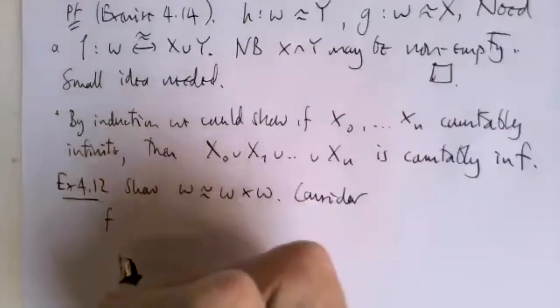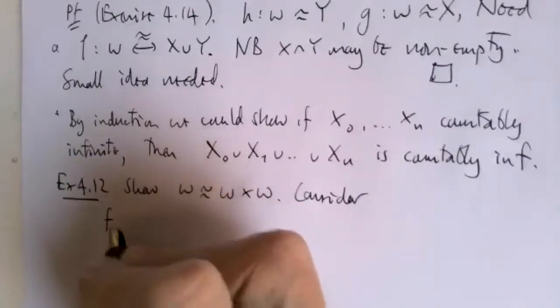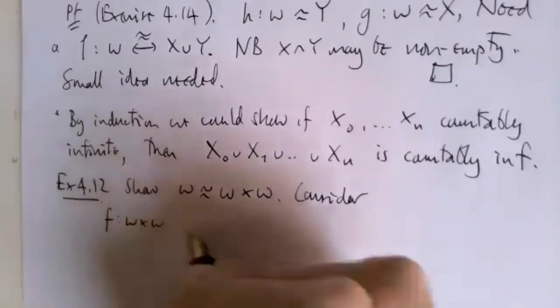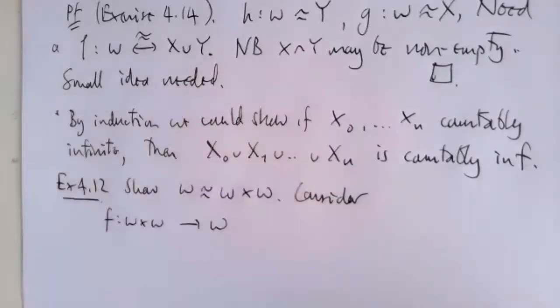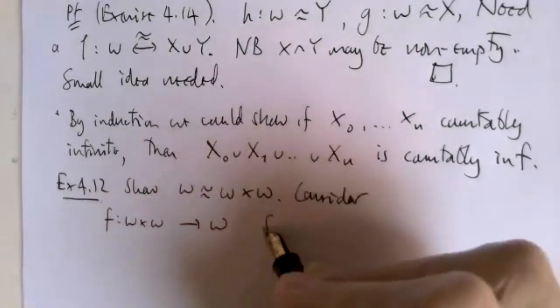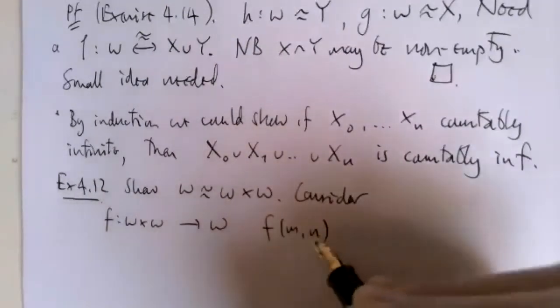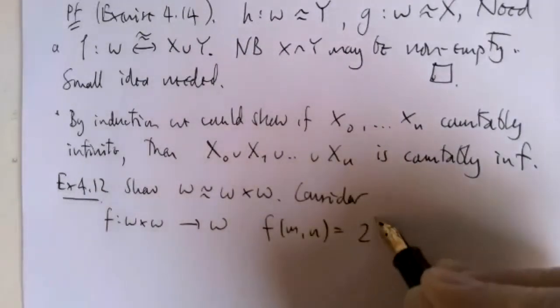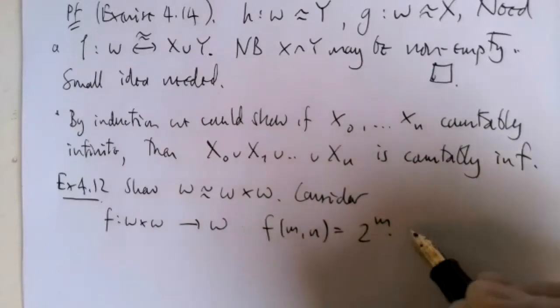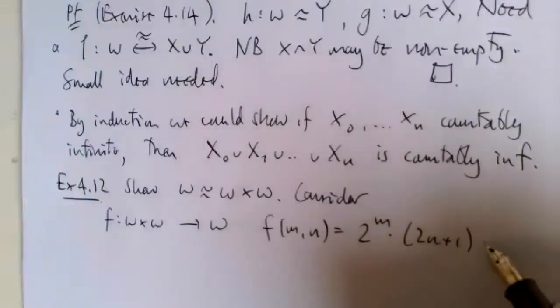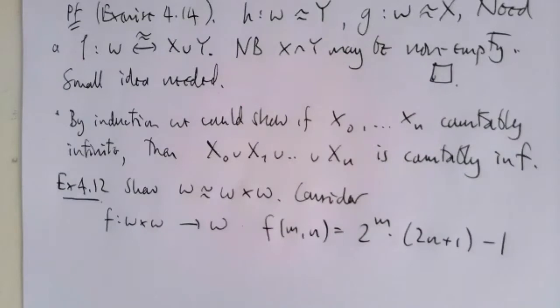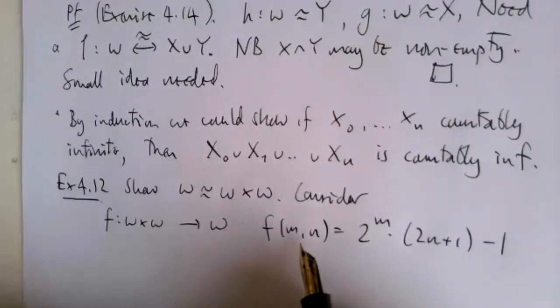So you just look at the function in this direction here, and it just sends pairs, f of mn, if I've got this right, so we call this a pairing function.